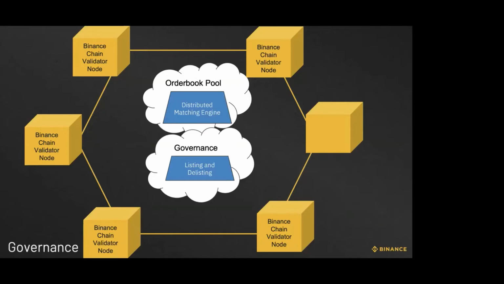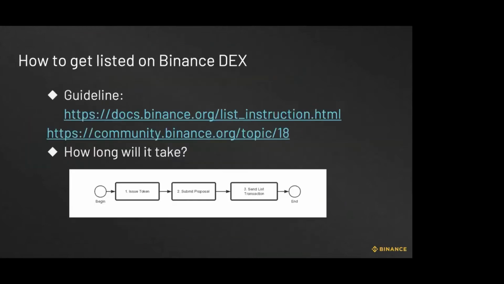The process of listing new trading pairs is decided by on-chain governance. The Binance Chain validators will vote on listing proposals. In this way, it's kind of permissionless and censorship resistant.